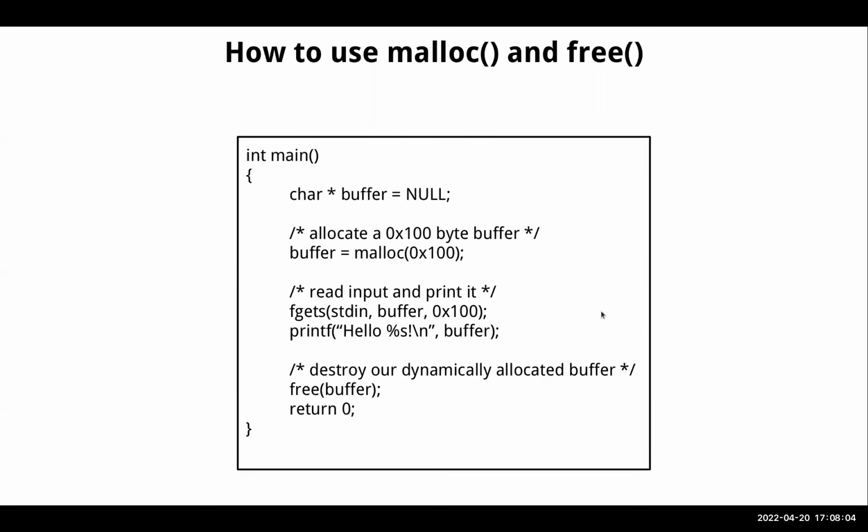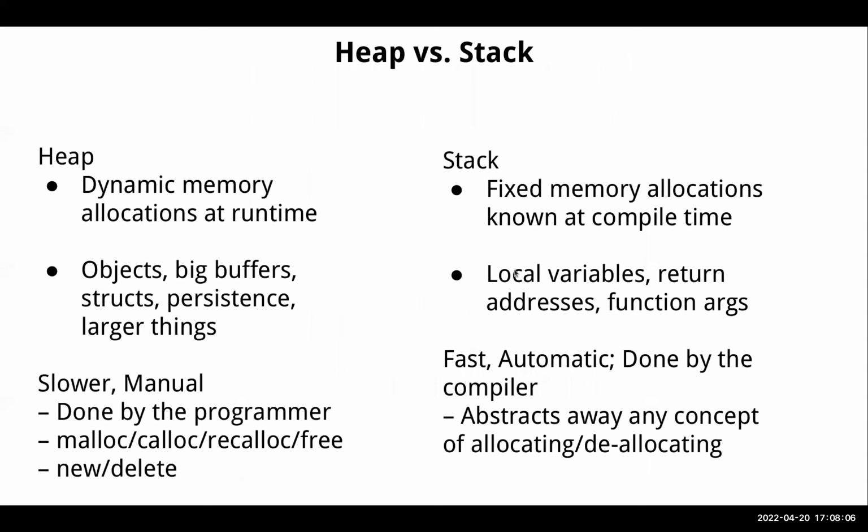So what is different between heap and stack? Heap we're already familiar with. If you want to use some buffer on the stack, we have to use fixed memory allocation, and that is done at compile time.